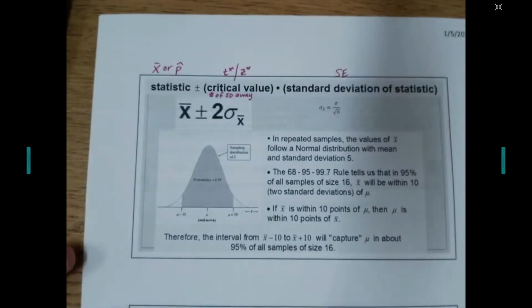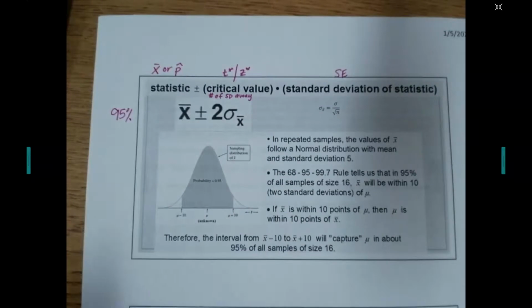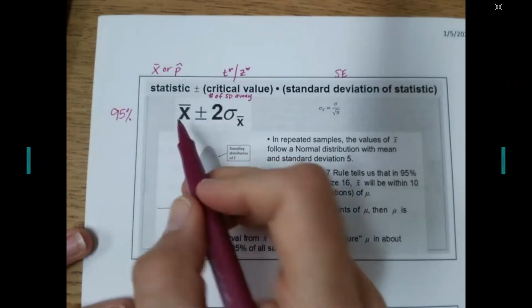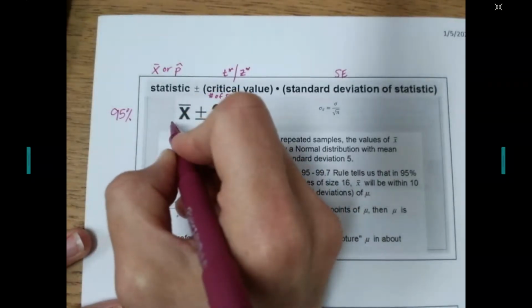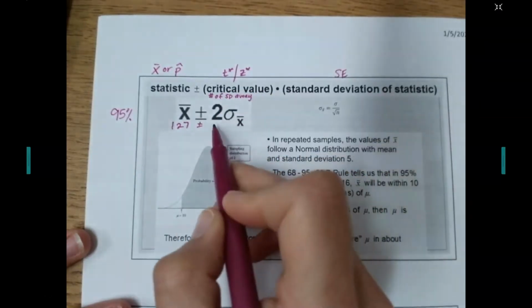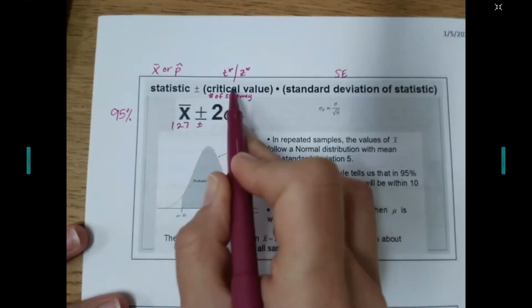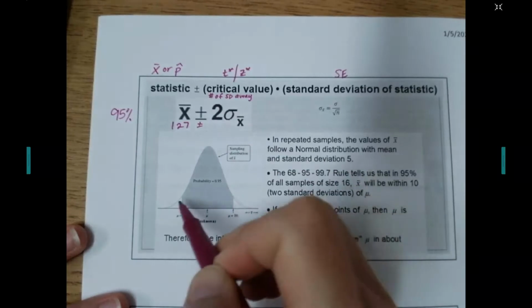Now, if I am doing a 95% confidence interval, going back to the example I gave you with IQ scores, I started out with an IQ of, now I've forgotten what it was. Was it 127? So that was my mean, plus or minus. That 95% is going to help me find that critical value. Remember, it's the middle 95%.